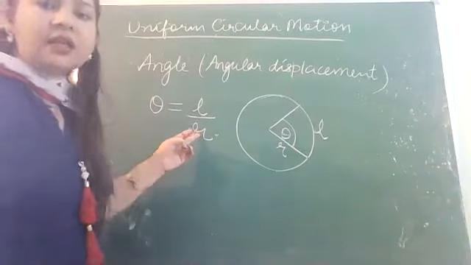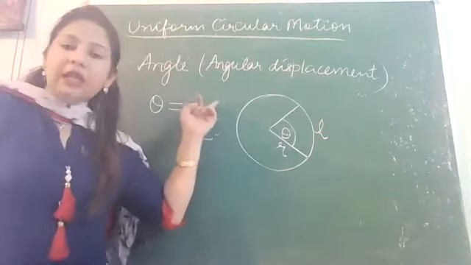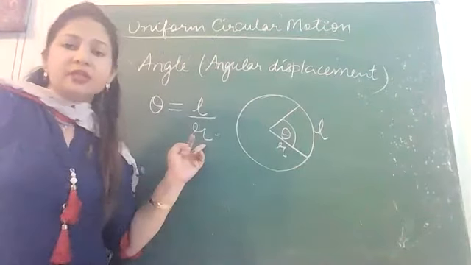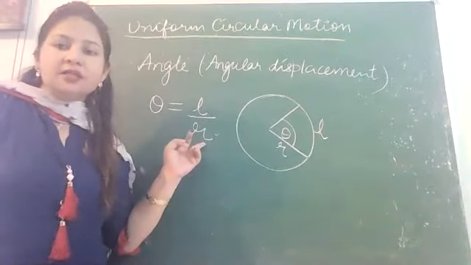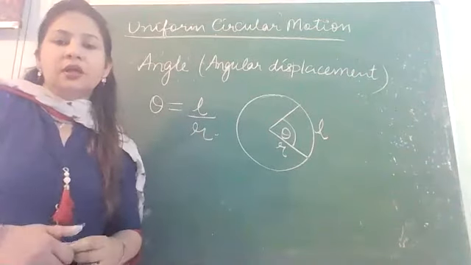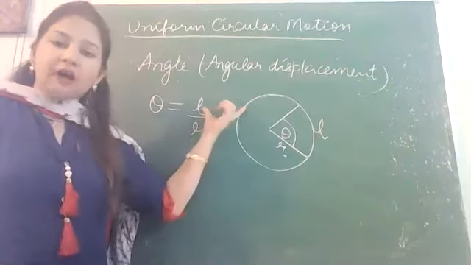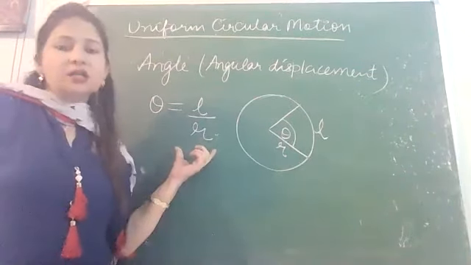Write down. Angle or angular displacement is the ratio of length of arc to radius of the circle.